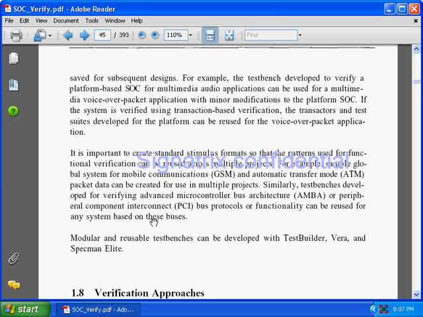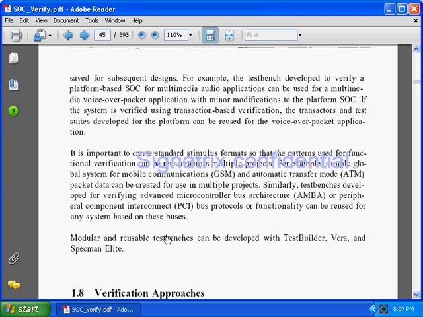We know that PCI and AHB are two bus architectures. So if we have created some verification environment for these buses, any core which is integrated with any one of these buses can reuse this AMBA or PCI test cases.